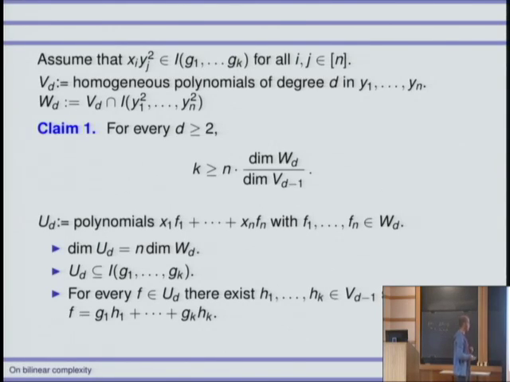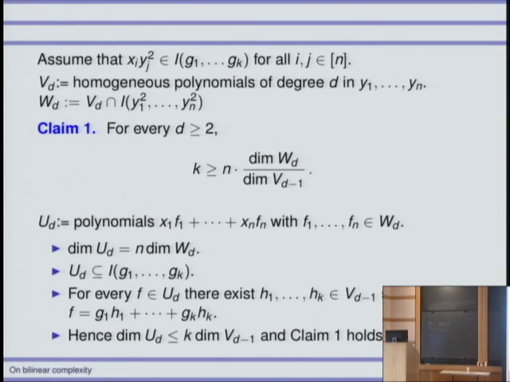But this also means that you can think about h1 through hk as simply vectors of their coefficients, and you are getting a linear map from k copies of Vd minus 1 into the vector space Ud, which means that the dimension of Ud is at most k times the dimension of Vd minus 1.